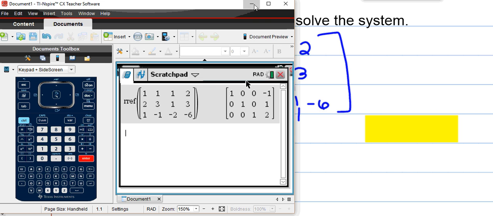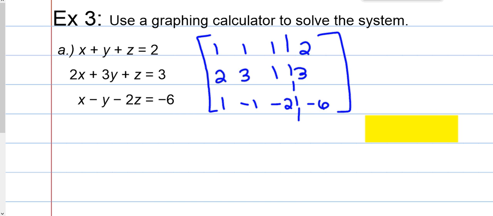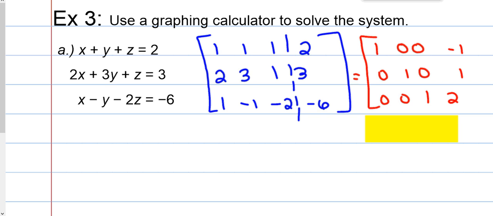Let me move the calculator real quick. Our answer is still a matrix: 1, 0, 0, negative 1, 0, 1, 0, 1, 0, 0, 1, 2.